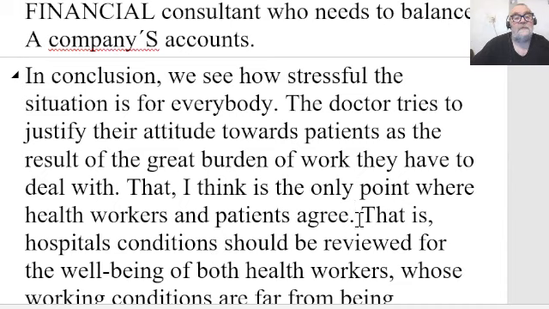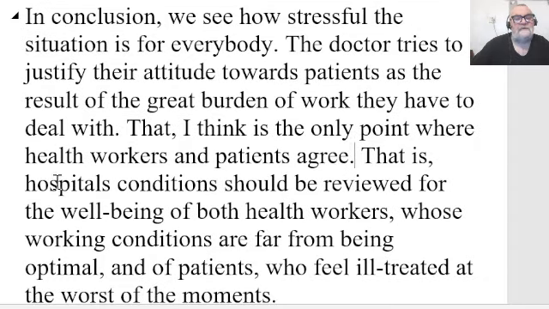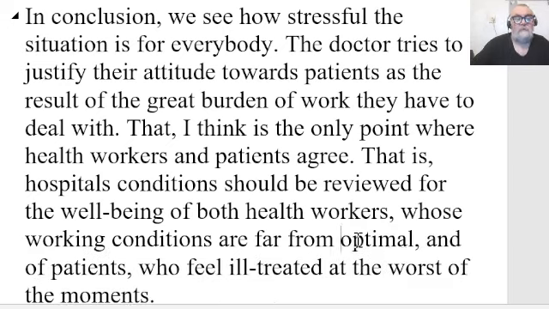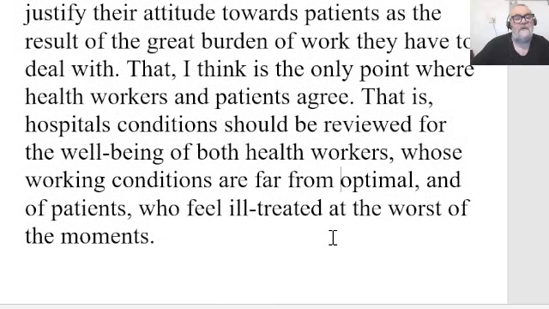Good. That is, hospital conditions should be reviewed for the well-being of both health workers whose working conditions are far from optimal, and of patients who feel ill-treated at the worst of moments.